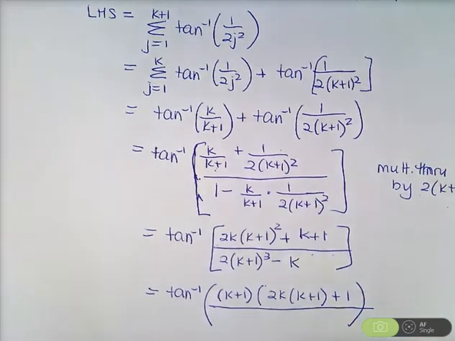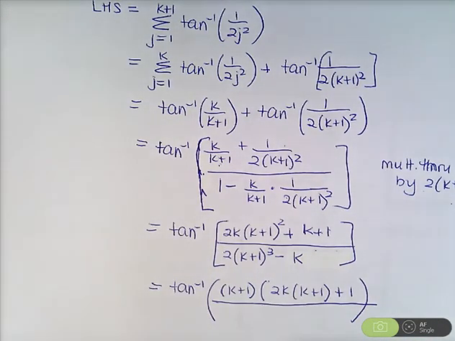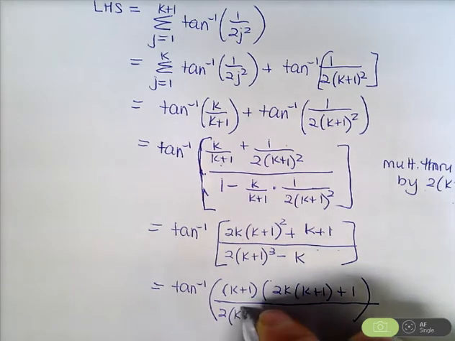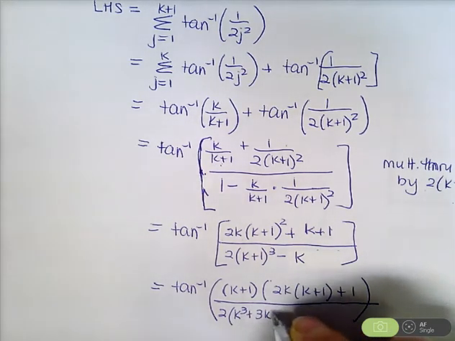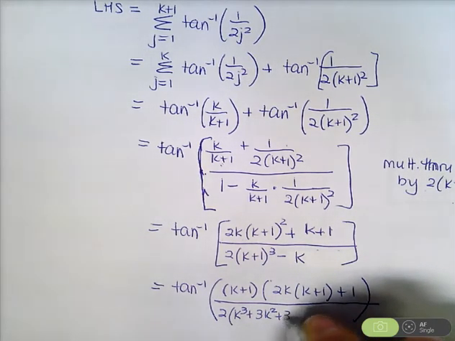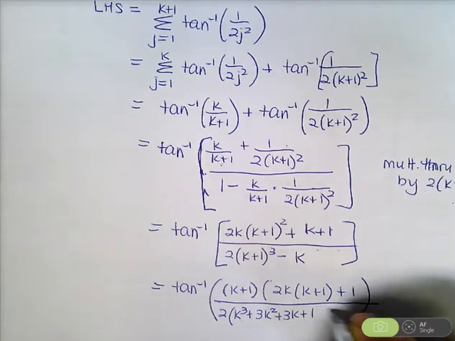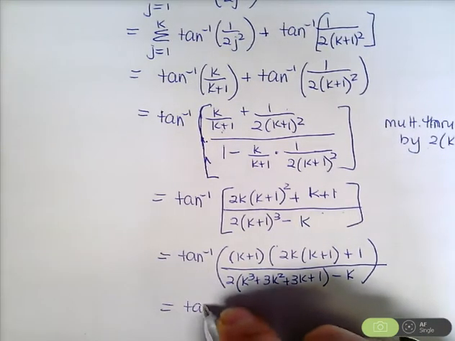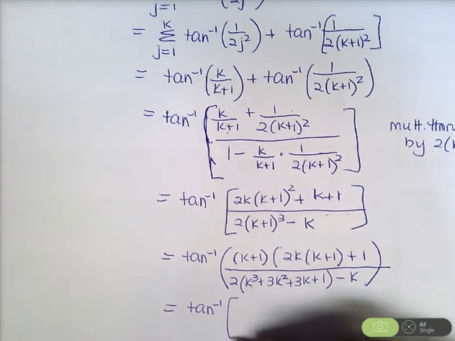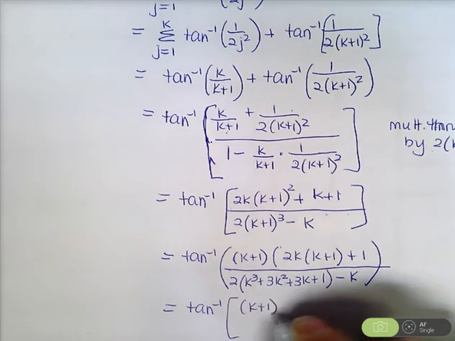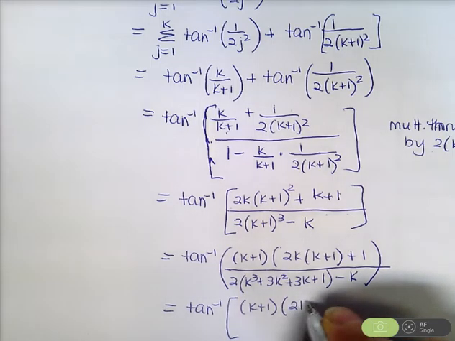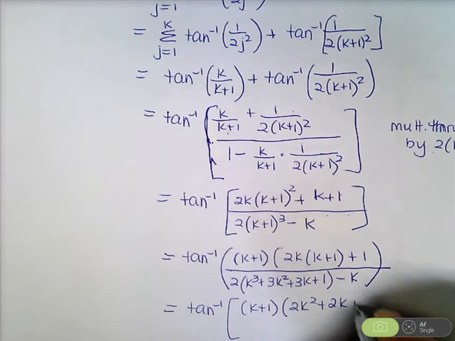On the denominator, the only thing we can do at the moment is to expand. So we've got k cubed plus 3k squared plus 3k plus 1, minus k, which is inverse tan of k plus 1 on the numerator times 2k squared plus 2k plus 1.